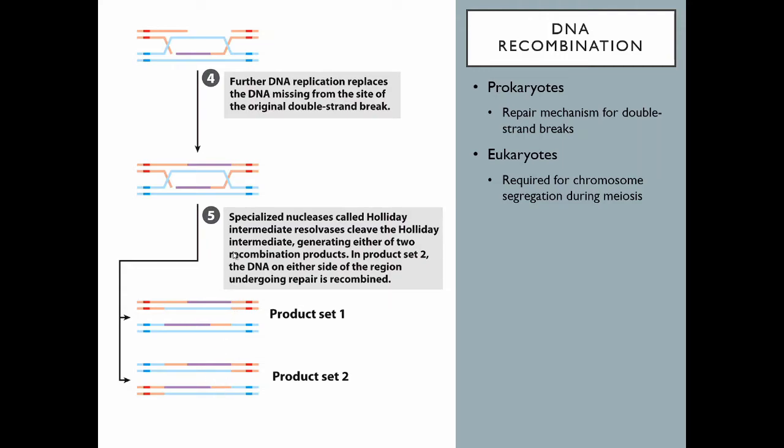But if the Holliday junction gets resolved a different way, you can now have this situation where you have two sets of DNA from different chromosomes that are connected to each other. And if these two locations at either end contain genes, and those genes contain different alleles, now you can have a new combination of those alleles. So now the blue DNA that we said came from the dad is mixed into a chromosome with DNA that came from the mom.